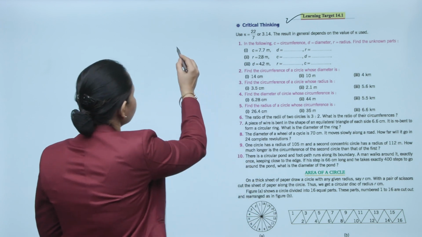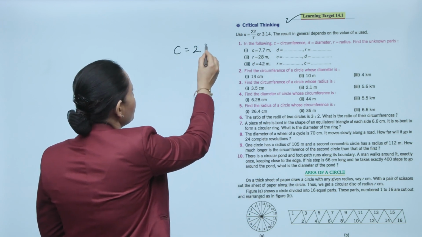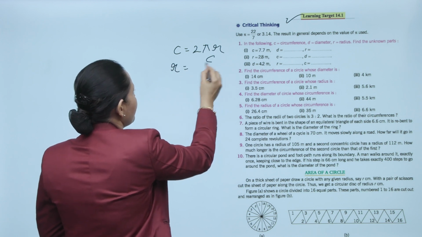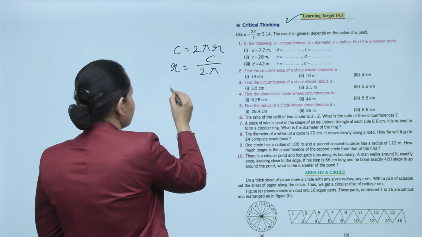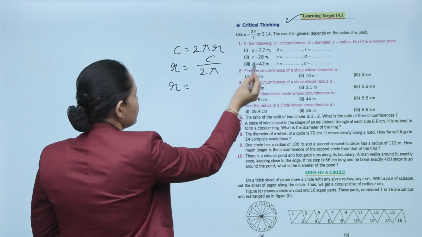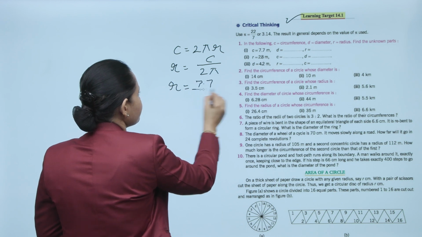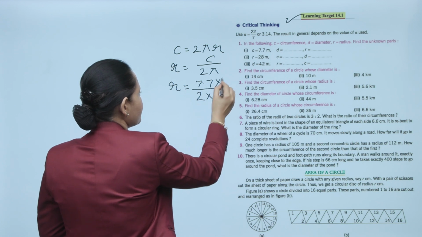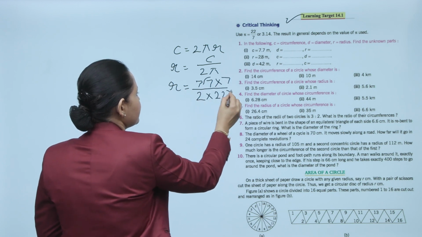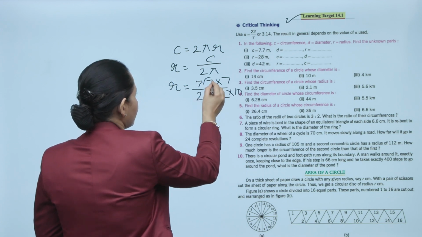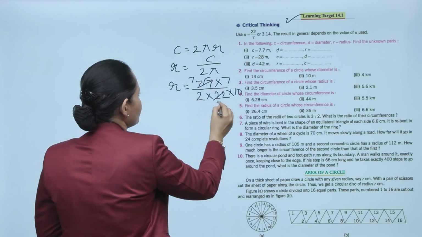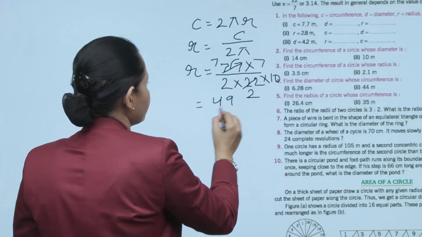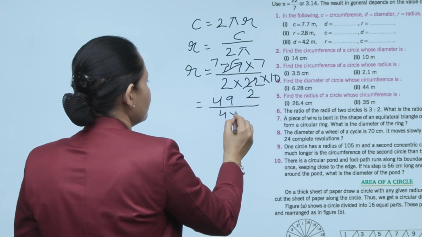So as we know, C equals 2 pi r, and r equals what? C upon 2 pi. So r equals C, 7.7 is given, upon 2 pi, we will take as 2 into 22/7. So 7 will come up. Remove the decimal, 10. 7 7s are 49. 4 into 10.